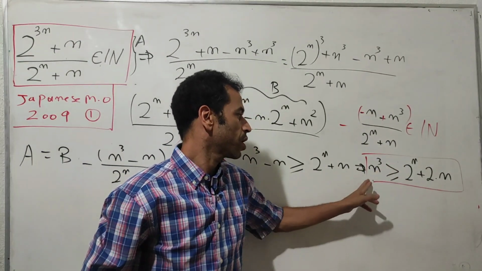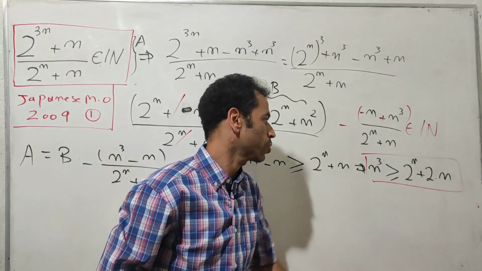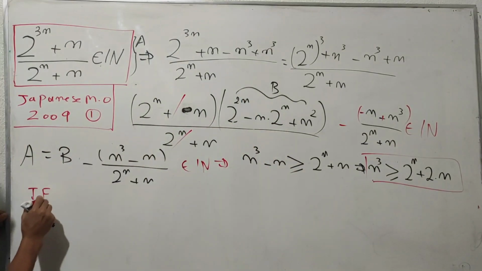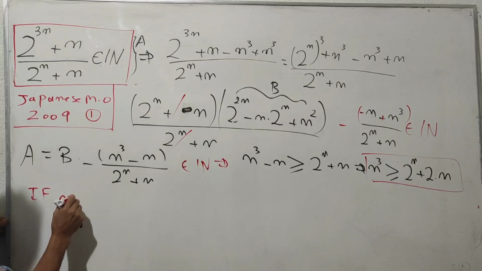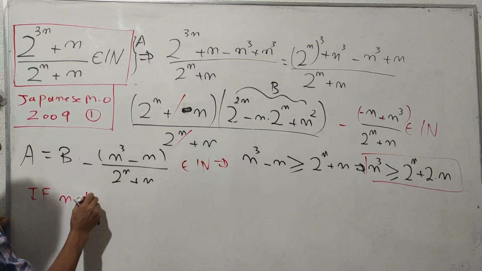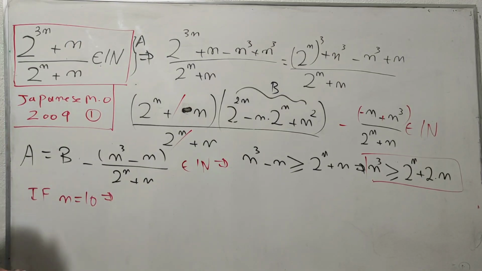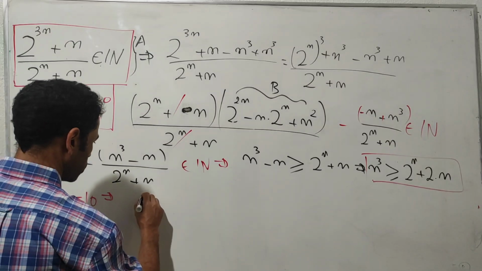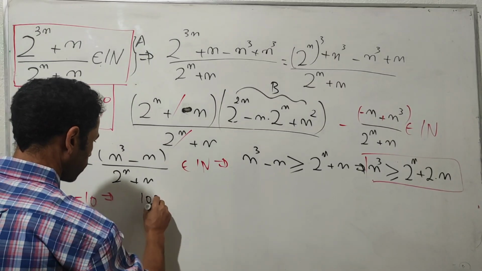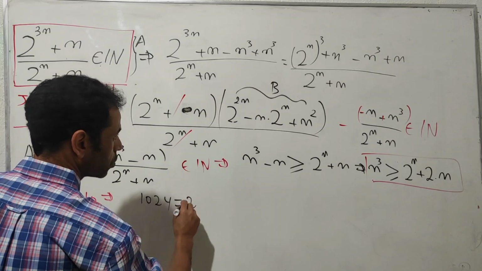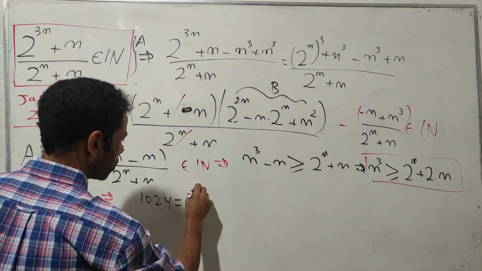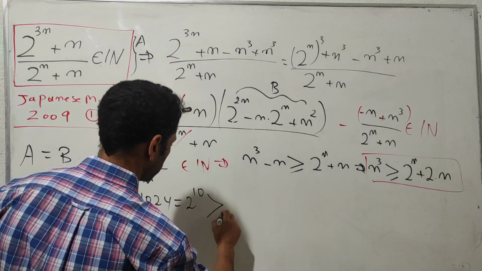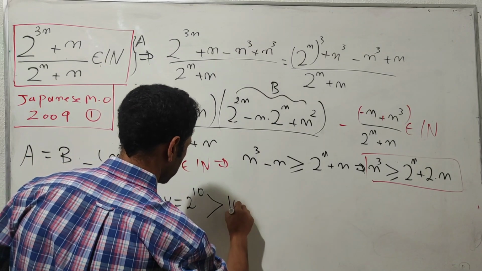Now let's make a nice comparison between this term and this term. At this point, if n equals 10, we get 1024, which equals 2 to the 10, which is strictly greater than 10 cubed.